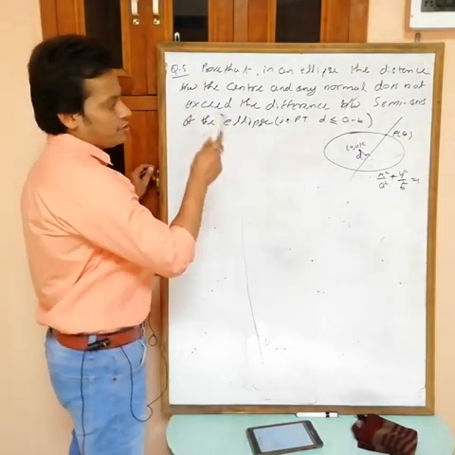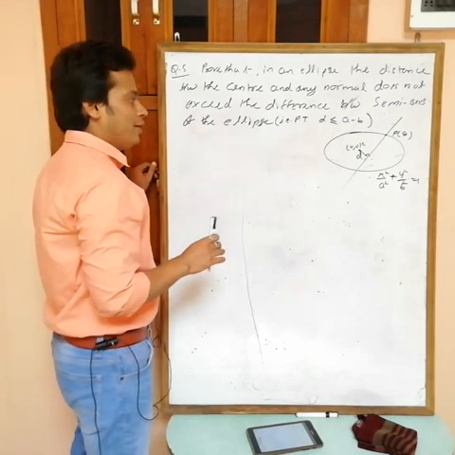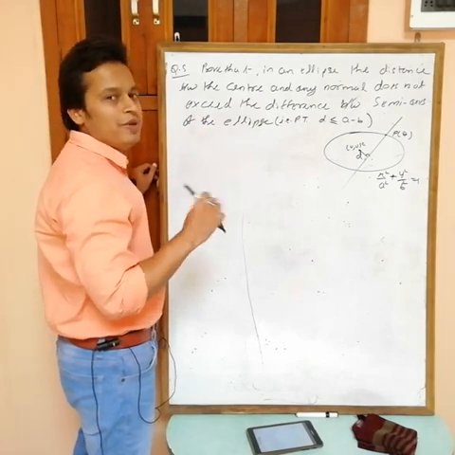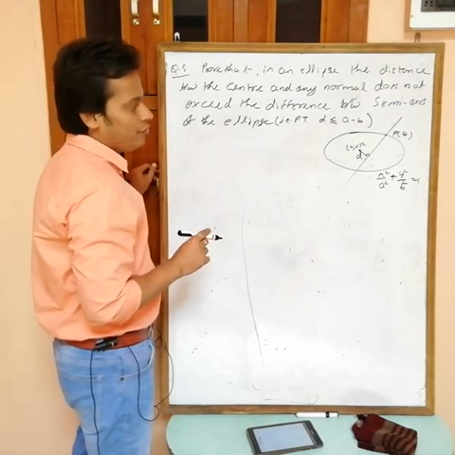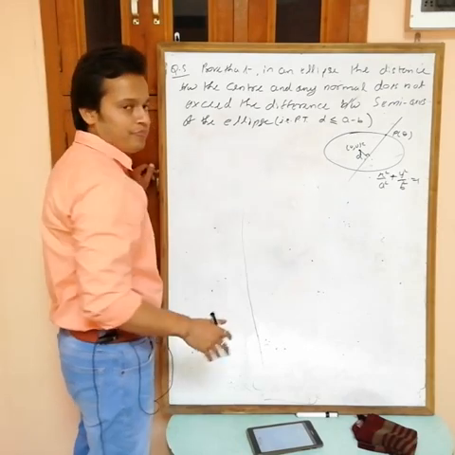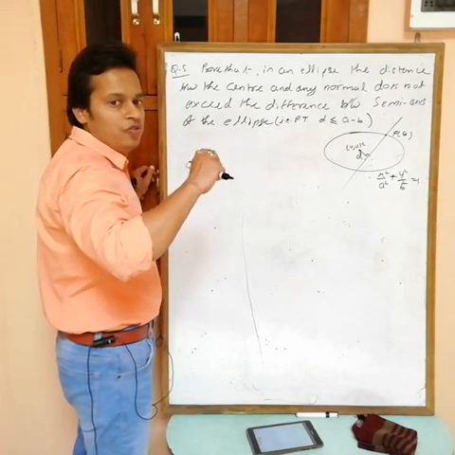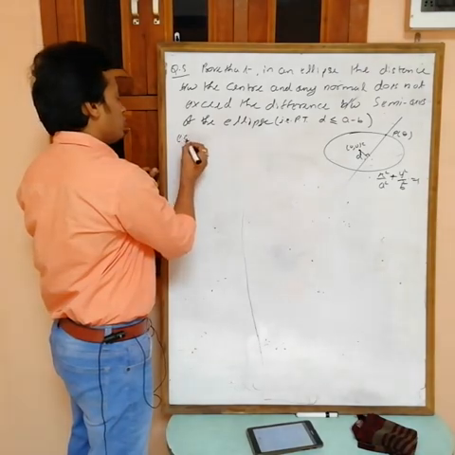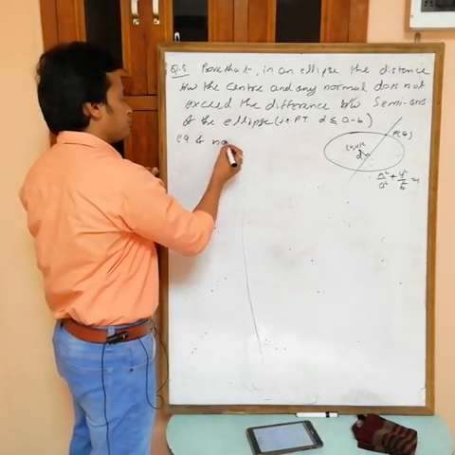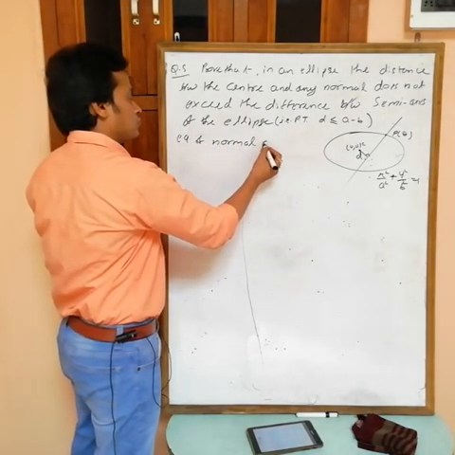So we have to prove that this d is always less than or equal to a minus b. It means a minus b is the maximum value of this distance. Now to find this distance d, what do we want? We want the equation of this line. Then I can use the formula for the distance of a point from a given line. So equation of normal at P.